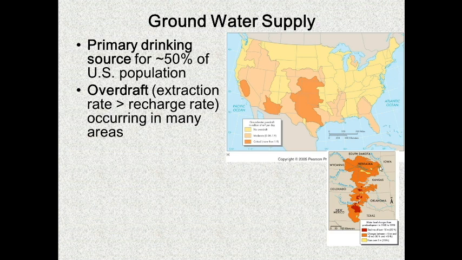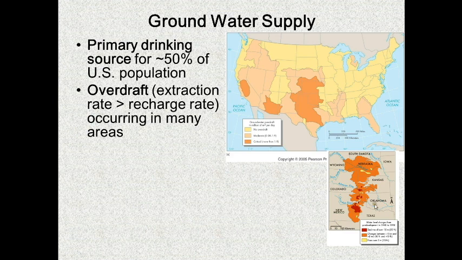The little inset here shows you how the water level is changing from pre-development in 1940 to post-development in 1993. Anything that is yellow shows a rise. Anything that is orange has a change between 15 and 3 meters. So might have gone up a little, might have gone down a little, but nothing much.